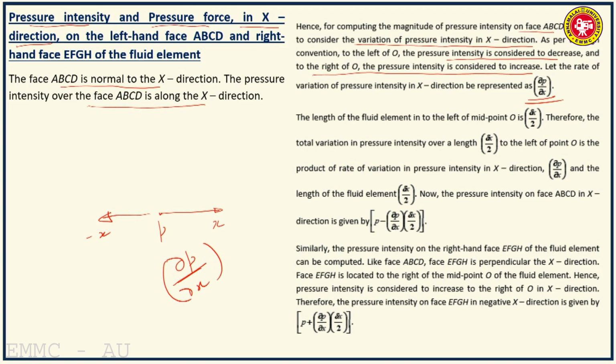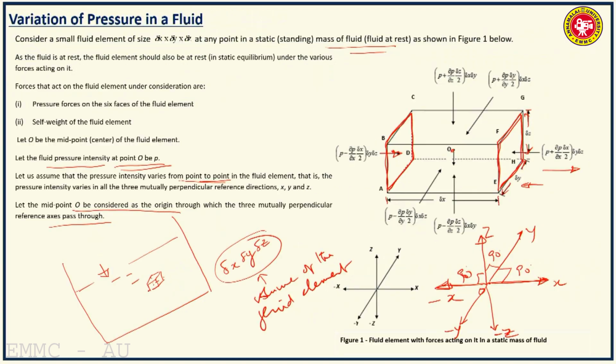Now, what is the length of the fluid element to the left of the midpoint O? The total length is delta x. Now, O is the midpoint, so to the left of O it is delta x by 2, and to the right of O it is delta x by 2.